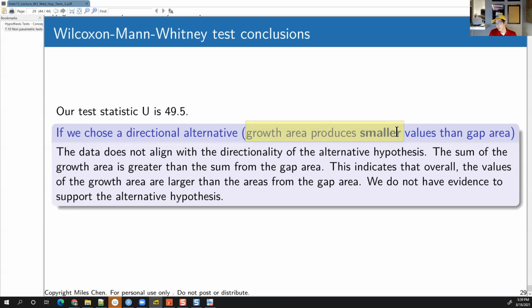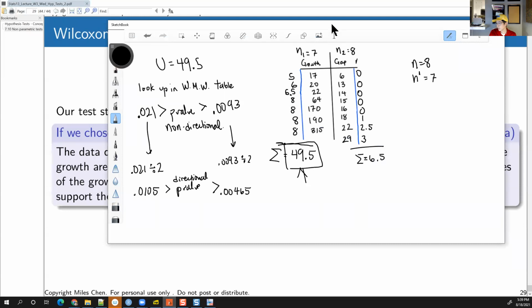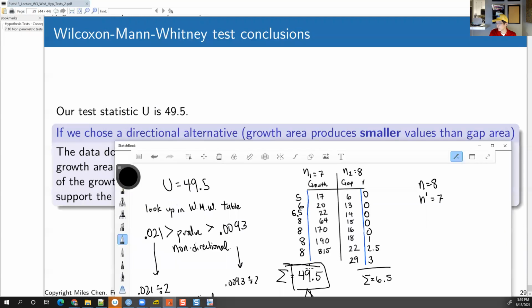If this were the case, we would not even have to bother looking up values in the reference table, because when we do the statistic, we get 49.5 for the growth and only 6.5 for the gap area. So our data does not support the alternative that the numbers from the growth area are smaller than the numbers from the gap area.